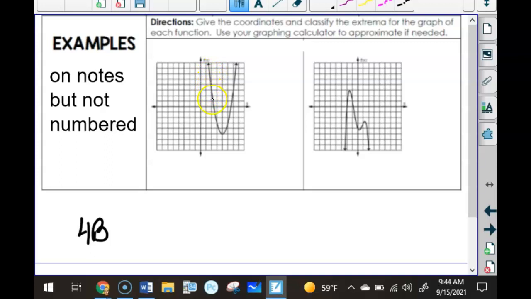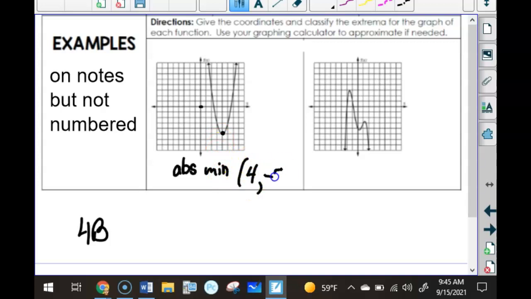All right, so this one, what do we want? Give the coordinates and classify the extrema for each. Okay, so what is this called? This dot right down here. Is it a relative or absolute minimum? Absolute minimum. And if I asked you for the ordered pair, let's see, that's the origin. 1, 2, 3, 4, negative something. 5, 4, negative 5.